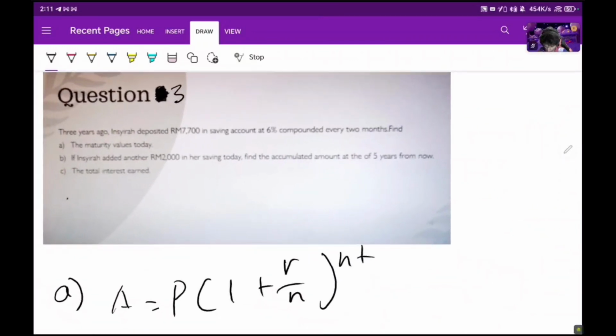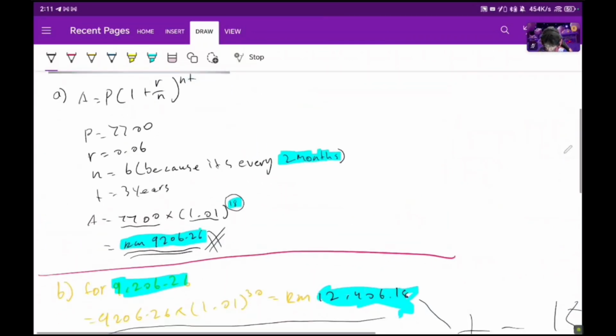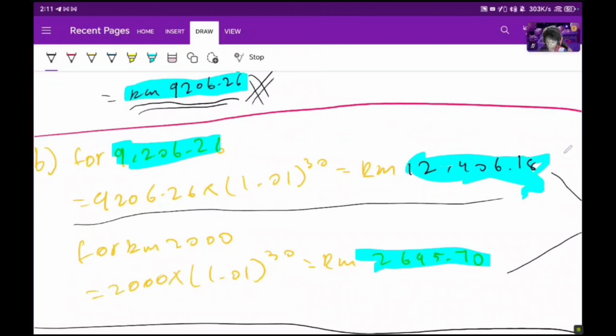She had 2,000 in her saving today. So if she had 2,000 today, I calculate both amounts separately for 5 years. So the first thing I'm gonna do is 9,206. I multiply it by 1.01 for 13 times because 5 years has 13 periods.